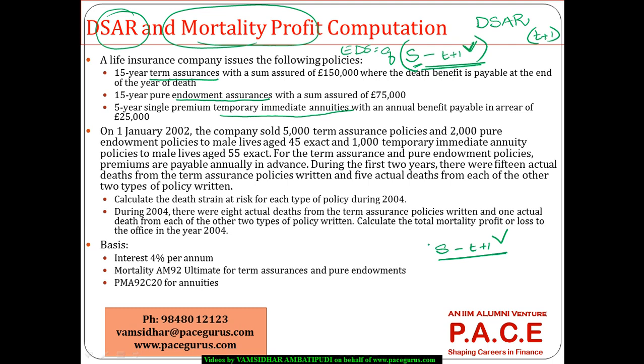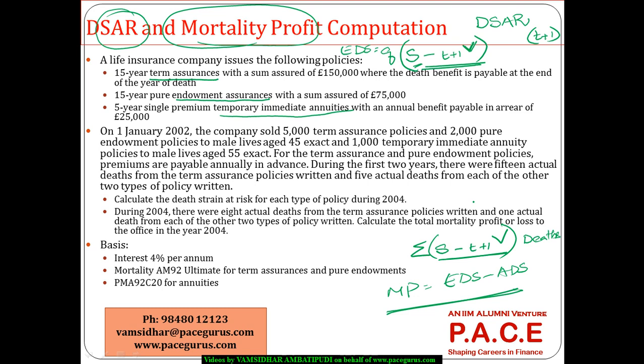Depending on the number of deaths that have occurred, I multiply by the actual number of deaths, which gives me the actual death strain. So expected death strain minus the actual death strain gives me the mortality profit. For every kind of policy, the mechanism we use for computation remains the same. Under that assumption, let's go ahead and document some of this.